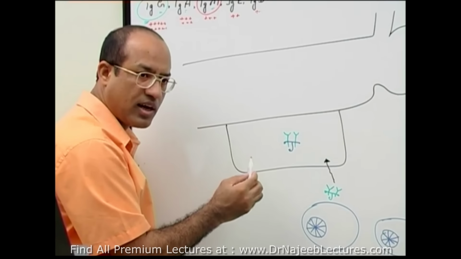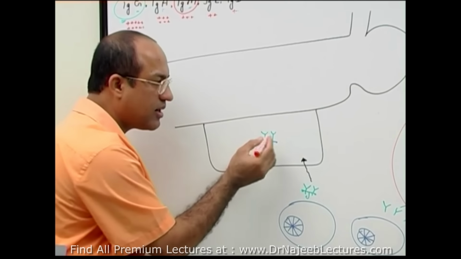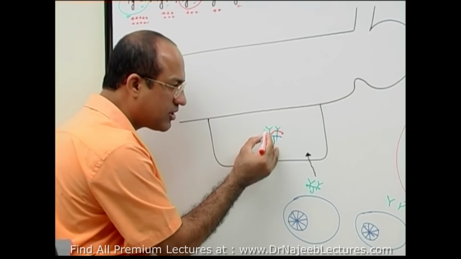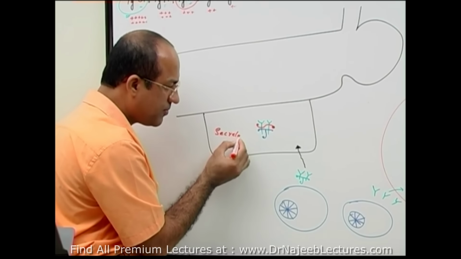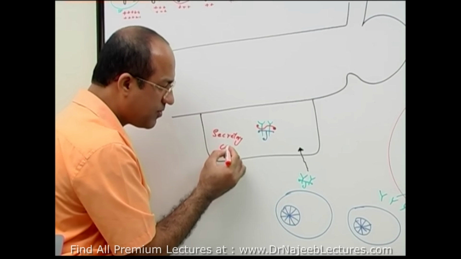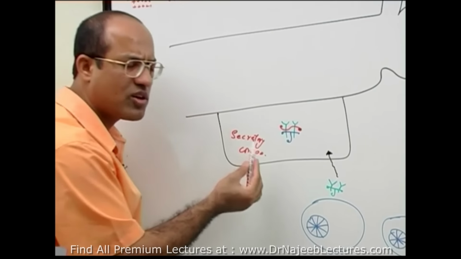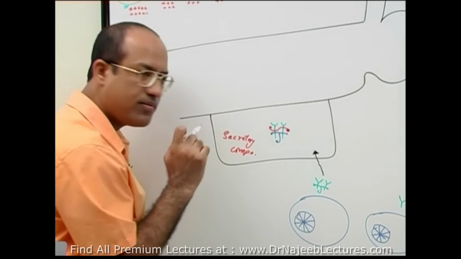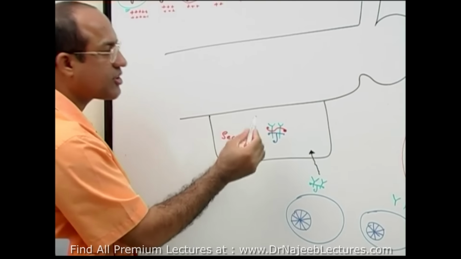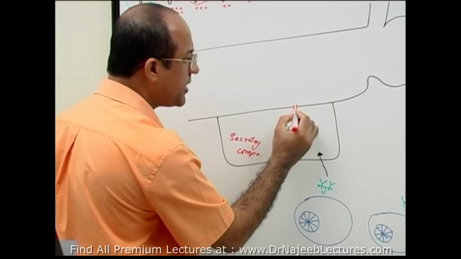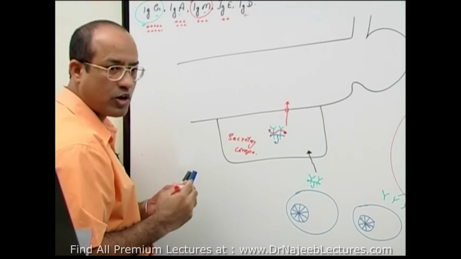Then epithelial cells of the mucosa will produce another protein which is called the secretory component, and the secretory component also binds with that. So the secretory component is a small protein which is synthesized by the mucosal cell, and this binds with the IgA dimers, and then the secretory component helps the whole complex to go to the lumen.